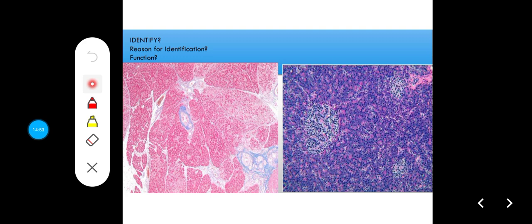Now let's look at other images. So look at this one. The pancreatic acinar stains very well. Then you see discolored patches of cells. So this represents the endocrine part of the pancreas, that's the islets. They don't stain well.